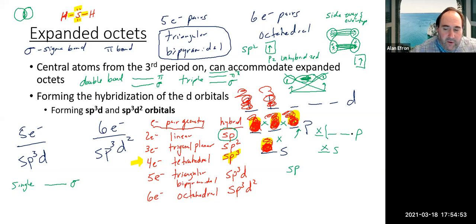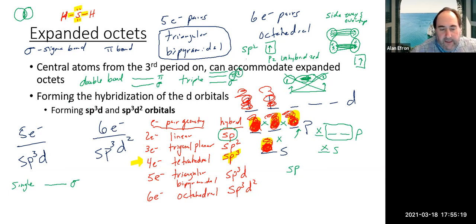That's going to allow not one, but two run-of-the-mill unhybridized p orbitals to be available for this side-to-side bonding. You will get two pairs of p orbitals doing this side-to-side bonding, and each pair would represent one of the pi bonds that you see in a triple bond.